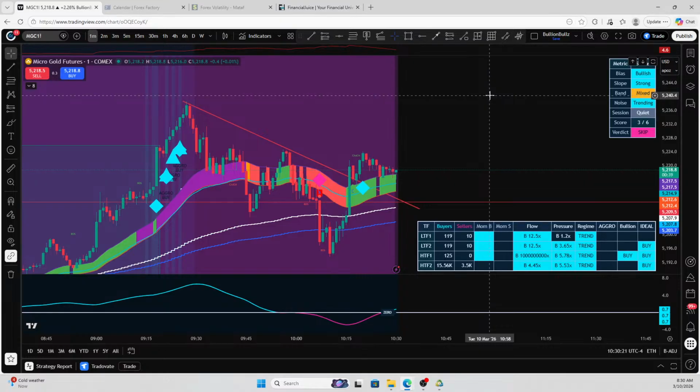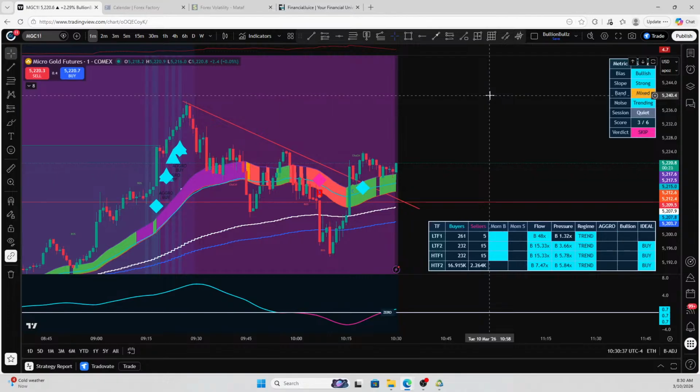Yeah, buyers are dominating the market right now. So we will have to wait for now. As I mentioned earlier, breakout style trading is valid.